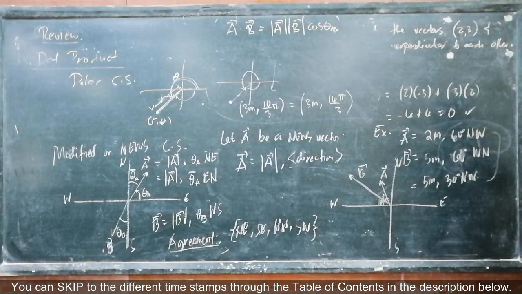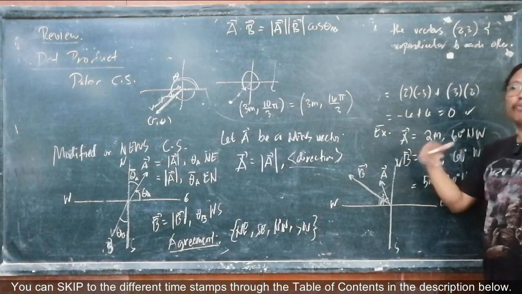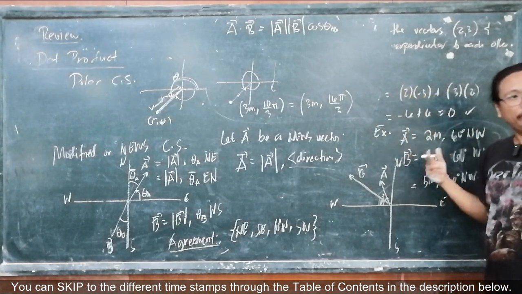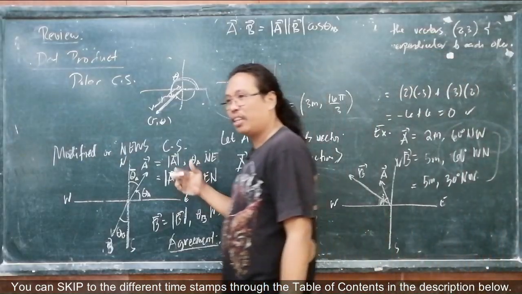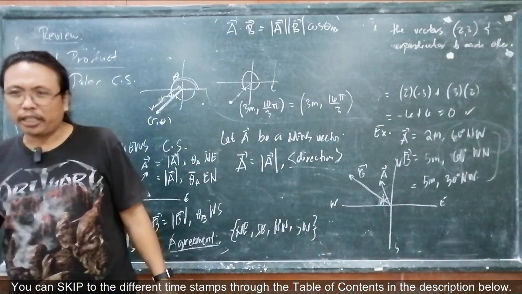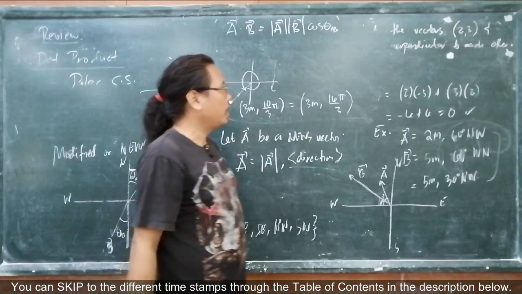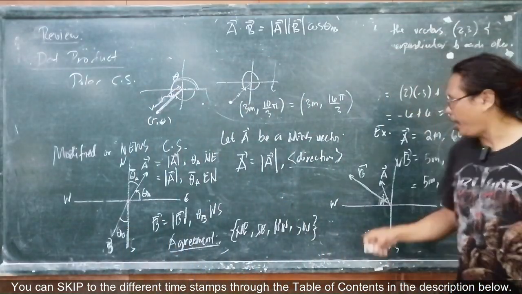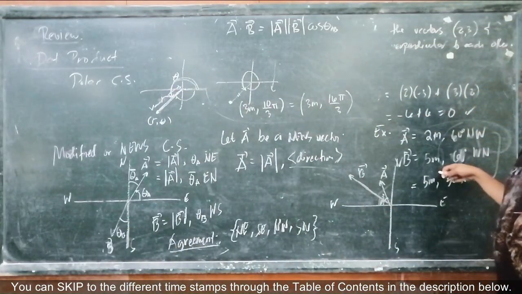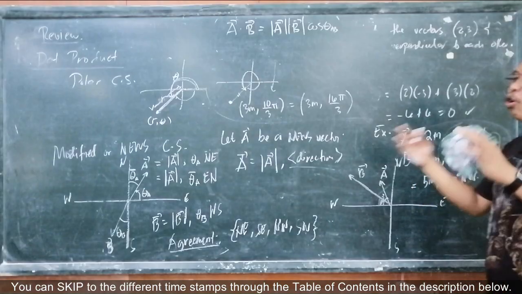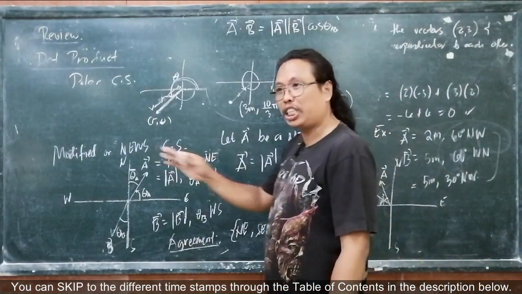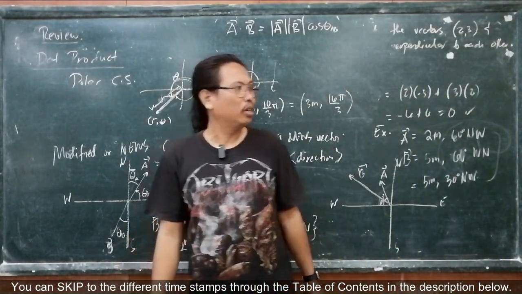Here, it's difficult to use the first definition, AX BX plus AY BY. If our vector is given like this, it's difficult to use that definition, because we are no longer in component form. We also call that the Cartesian component form of the vector.